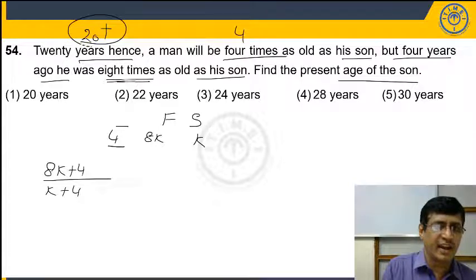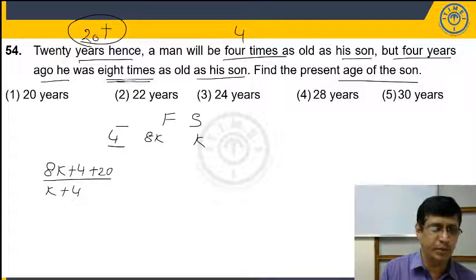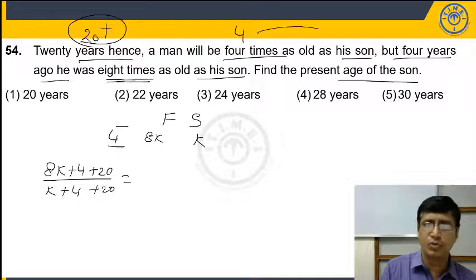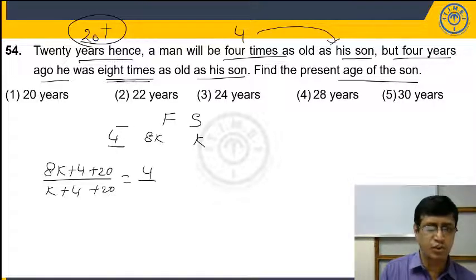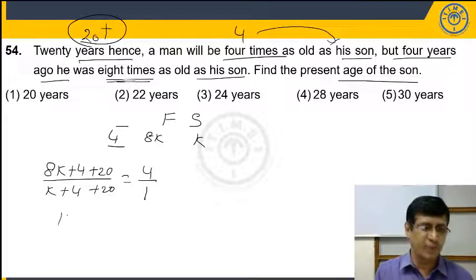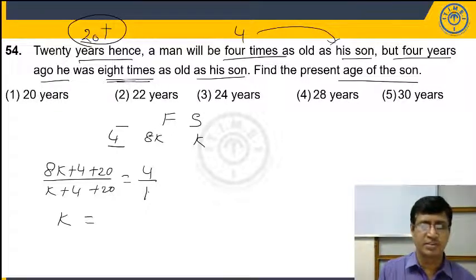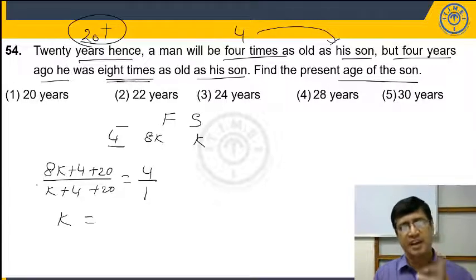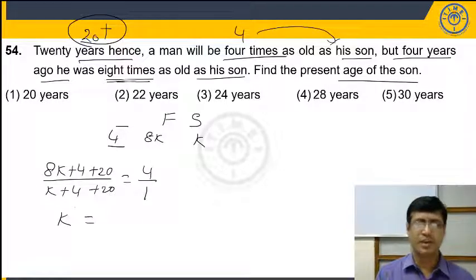And 20 years hence means just by adding 20 more. Now it is equal to 4 times his son, meaning 4:1. How much is the value of k? Just do cross multiplication. 1 time of 8k, it is 8k. 4 times of k, it is 4k. 8k and 4k, the difference is 4k.